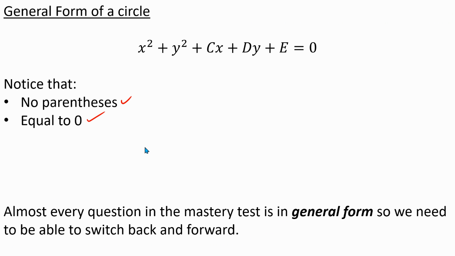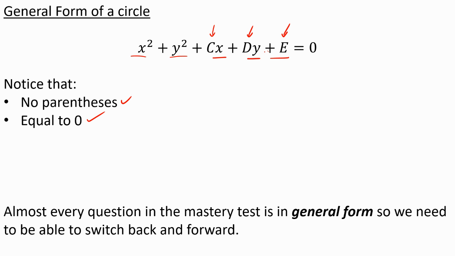Okay. So what we are looking at with this form of the equation, the general form, we've got our x squared, y squared, and then some number. These are coefficients for c, d, and e, so these will be whole numbers. One of them times x, something times y, plus a number with no x or y, all equals 0.